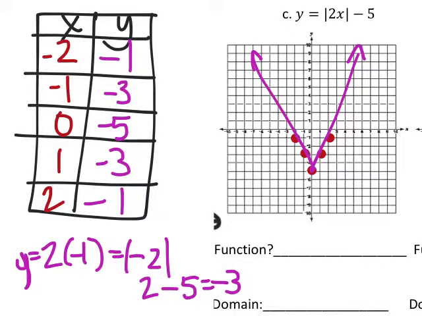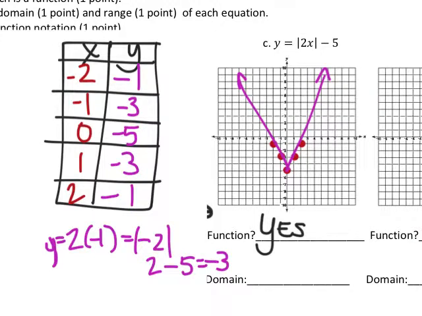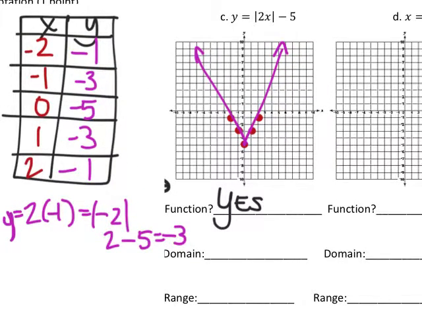Alright, is this a function? Well, yes, it's going to pass the vertical line test. And what's the domain? Well, the x value is going from left to right. Looks like it's going to extend in infinity, both negatively and positively.